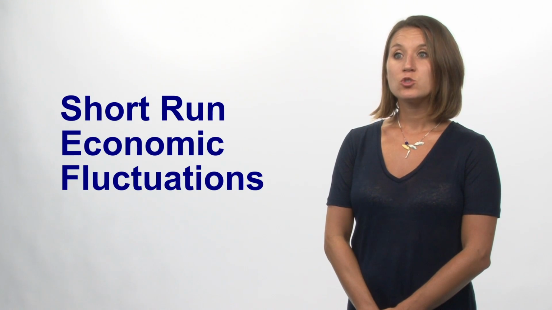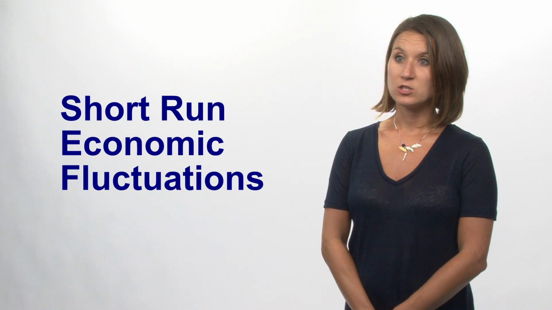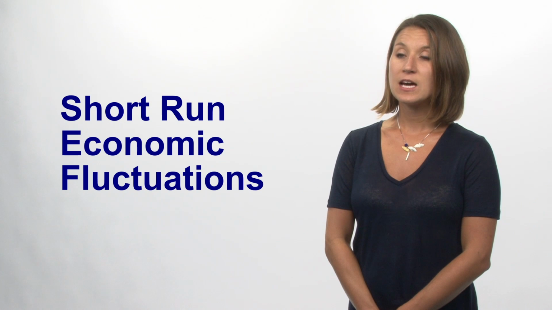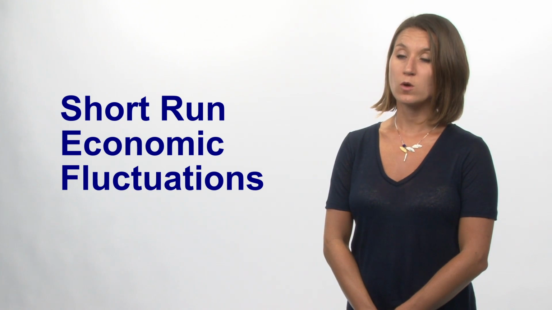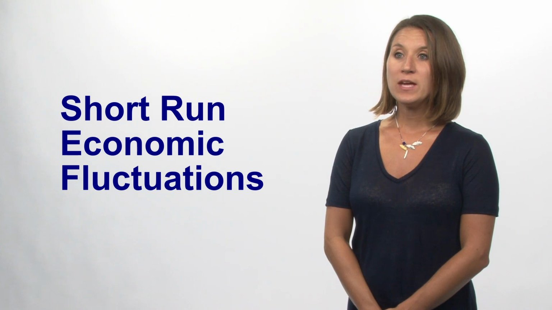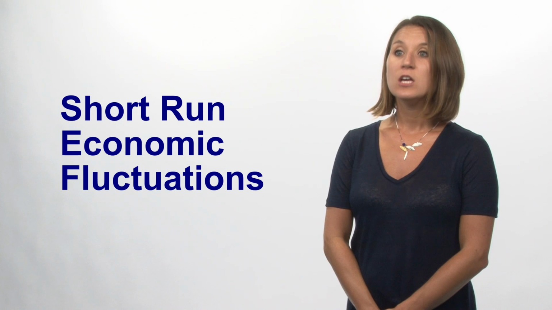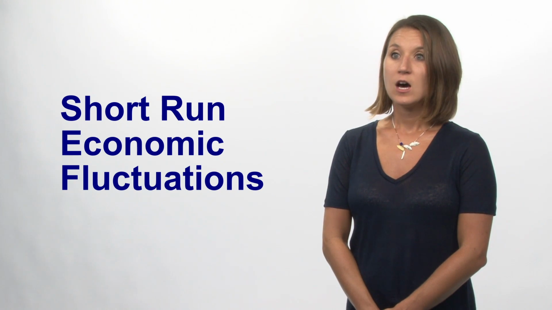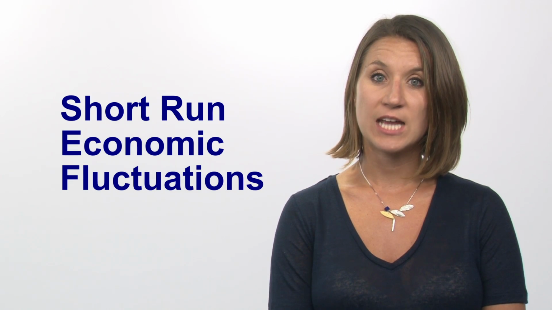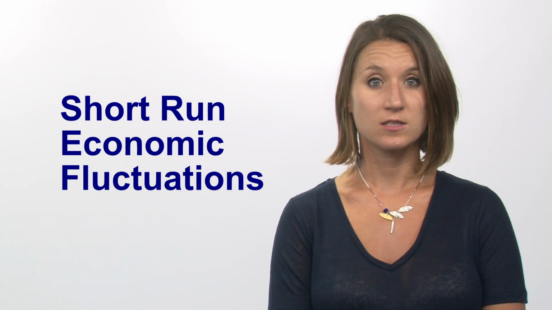Remember, when we're thinking about short-run fluctuations in our economy, these are deviations from the long-run trend. In many cases, they come from either a change in the short-run aggregate supply or aggregate demand. When we have changes in the short-run aggregate supply, these are going to be called supply shocks. On the other hand, when we have changes in aggregate demand in the short run, these are going to be called demand shocks.